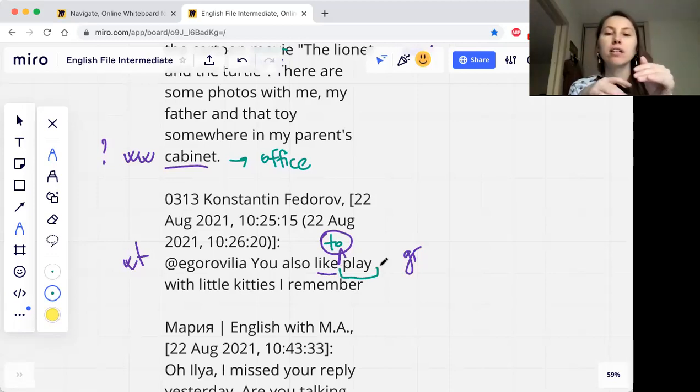Тебе также нравилось, что делать, да? Что делать, что сделать. These are the questions that we use for infinitives, so to is necessary here. And maybe wrong tense, because probably a person was asking about some past experiences, so I would say also liked to play, meaning when a person was a child.